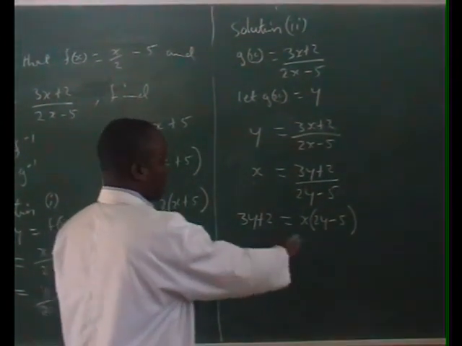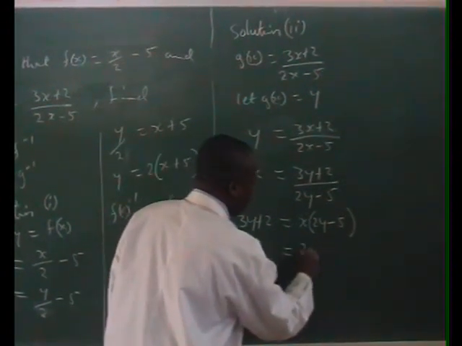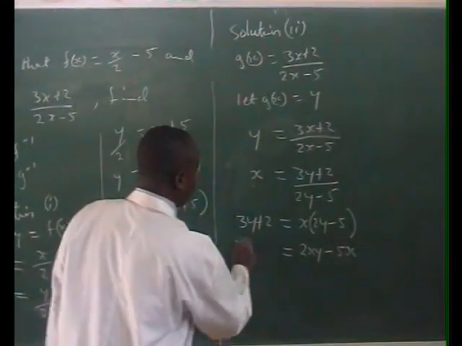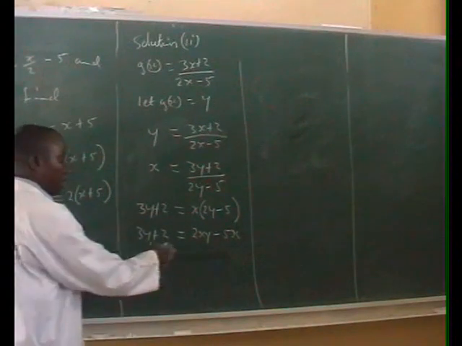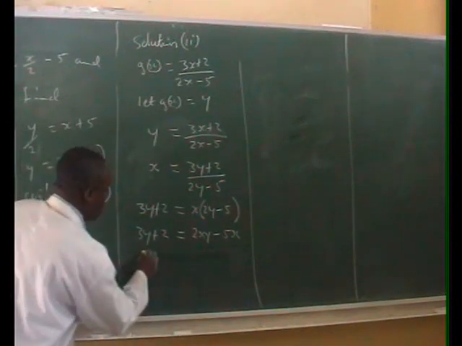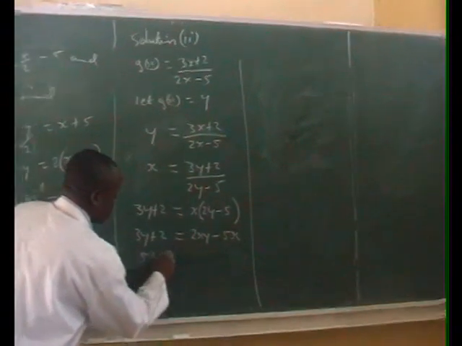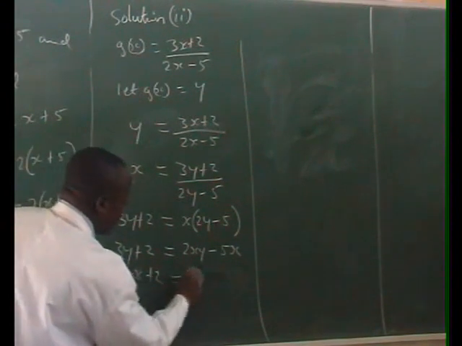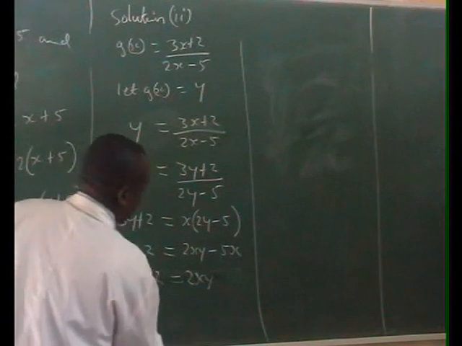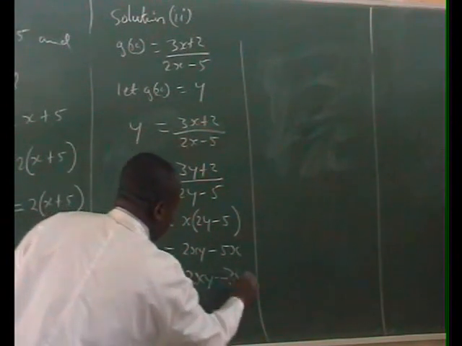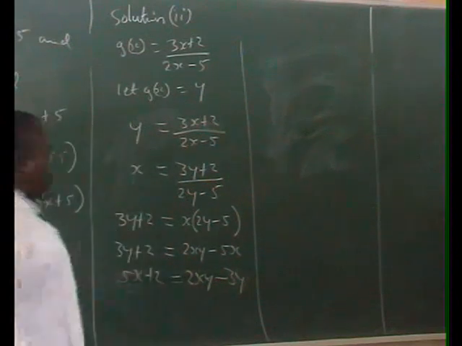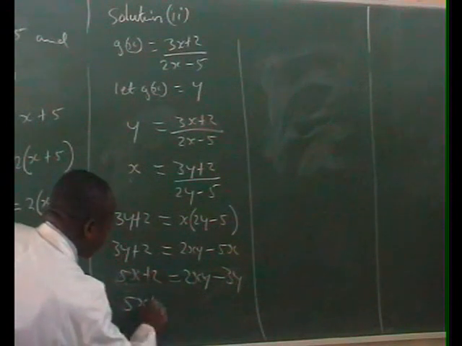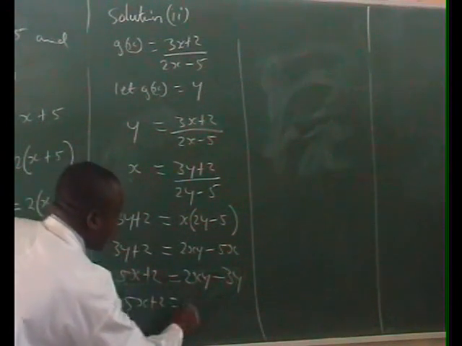Now, if I open this bracket, I have 2xy minus 5x. So I have 3y plus. So, collecting like terms, I'm taking 5x back this way. 5x plus 2 will be equal to 2xy minus 3y. Like that. So what it means is that 5x plus 2, something is common here, so I can factor out y.